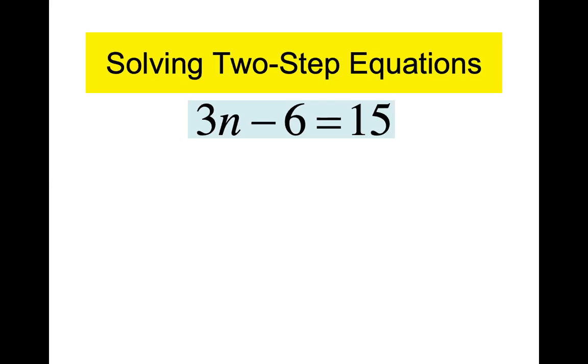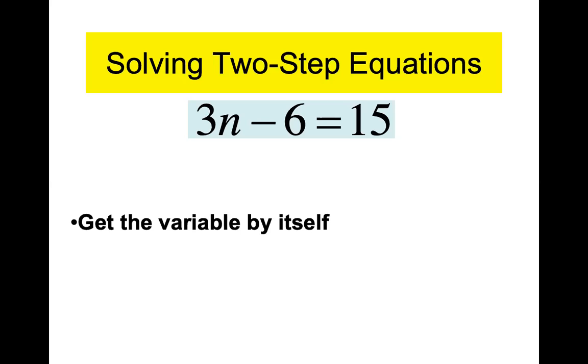A lot of people, their eyeball goes right to the end. They're like, well, I want to get rid of 3 first. Okay, you can, right? I don't recommend it. That's the harder way of doing this. I always recommend when it's a 2-step to get rid of your addition subtraction first. 99.9% of the time, that's what you do. There is one special case where you want to get rid of the multiplication division first, not the adding subtracting. And we will look at that this year.